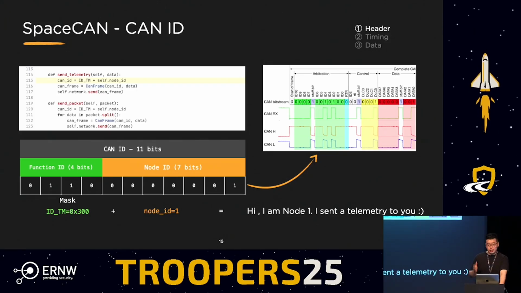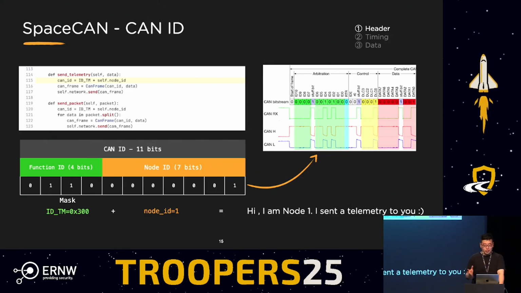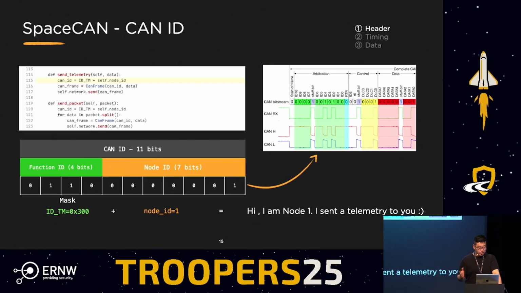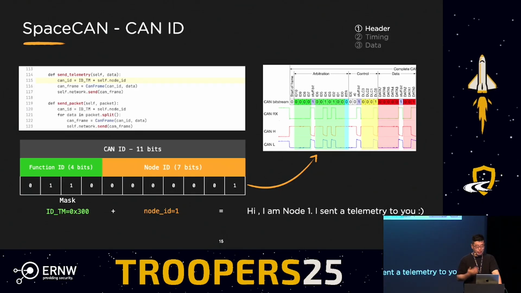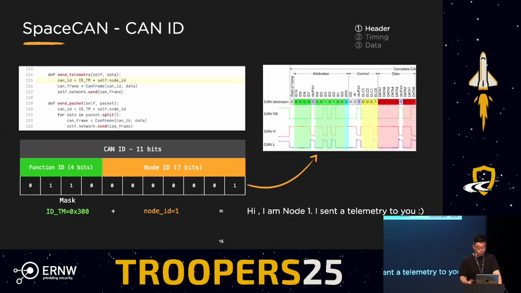Then we can dig into the CAN ID. Of the 11 bits, the 4 higher bits are a mask of the function in SpaceCan, and the 7 lower bits represent the node ID, like which ID I am, when I send something for some function to the onboard computer.